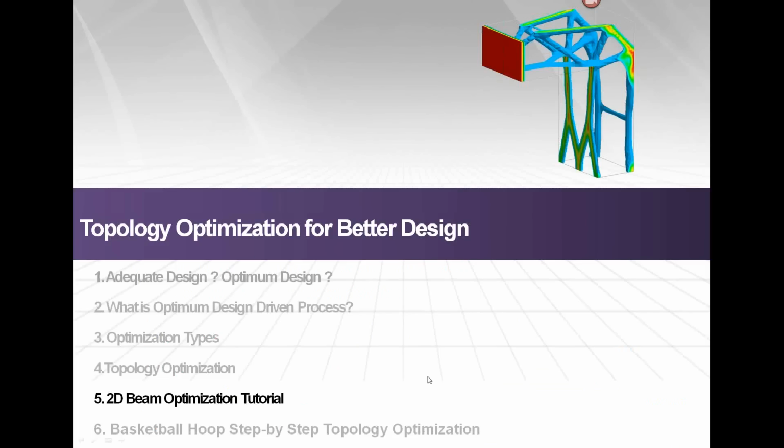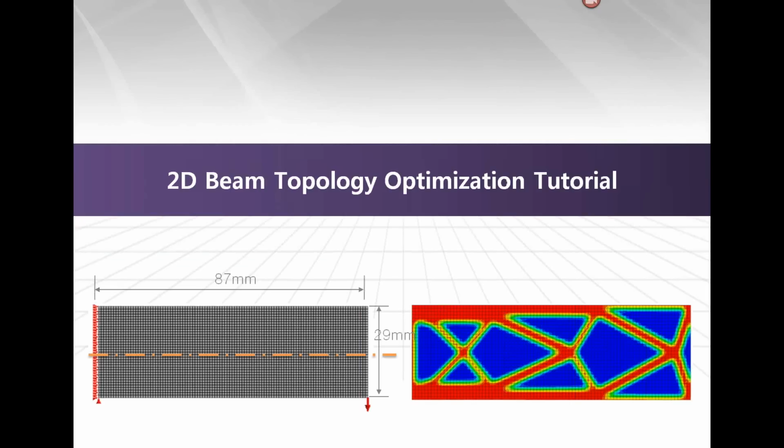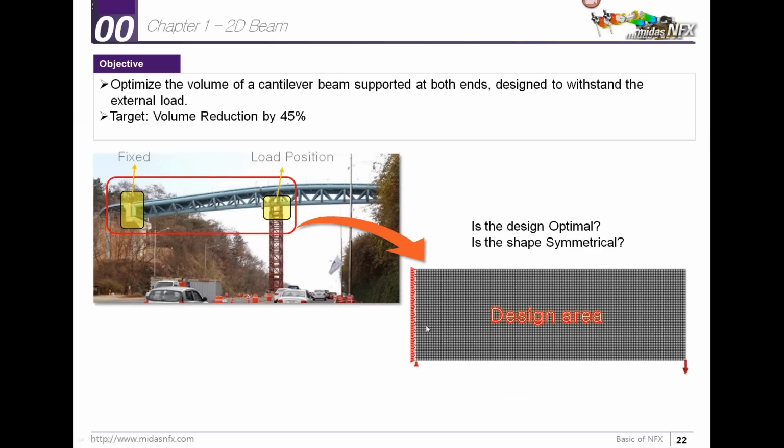Okay, now let's go to the first simple tutorial to show you how it works and how you can use this wonderful topology optimization to work on your design. So we'll do first a very simple example in 2D, which is the 2D beam topology optimization. So it's a typical beam like that. It can be a bridge, for example, and you have to fix it in one direction, and then here you put a load position.